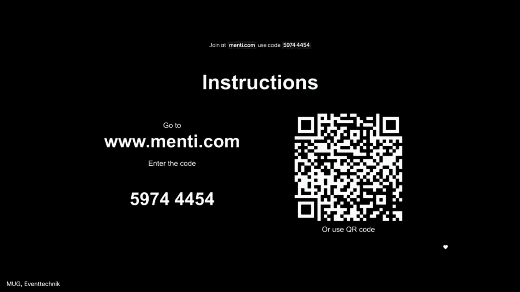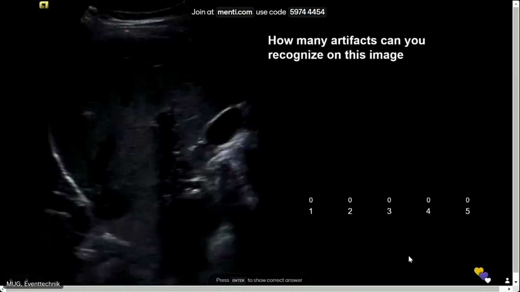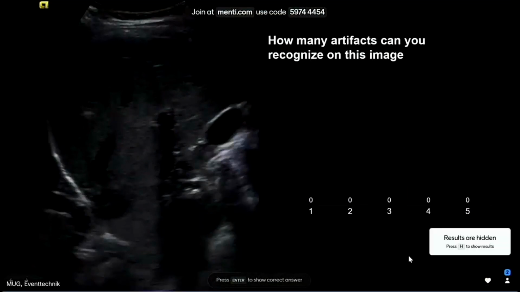Again, we have quite a challenging question for you. If you have a close look at this image, how many artifacts would you recognize? Twelve, 13, 14 people?